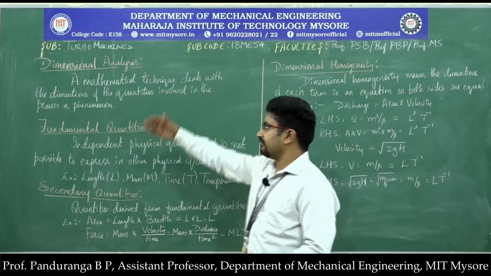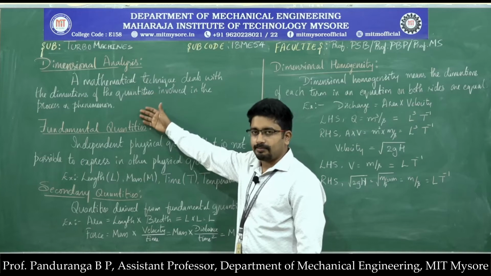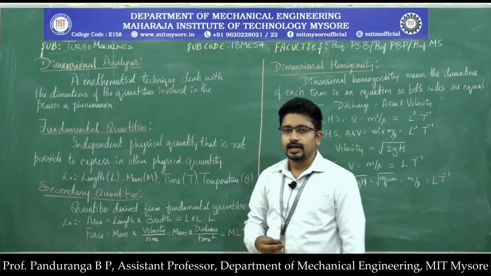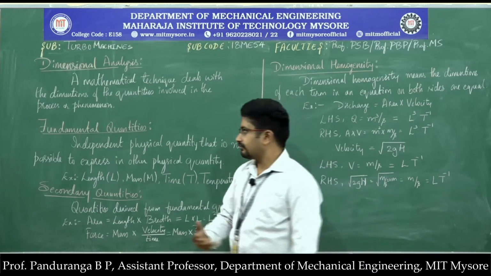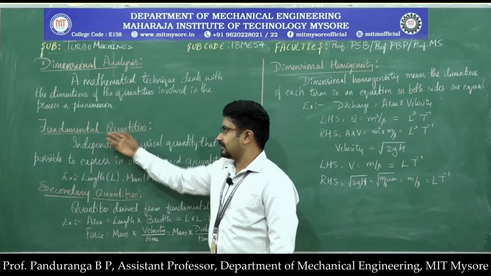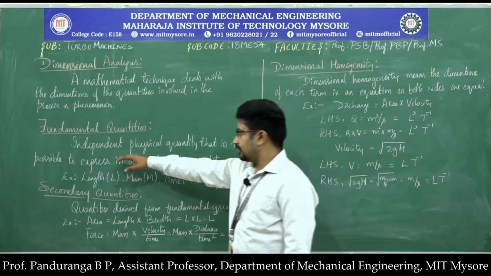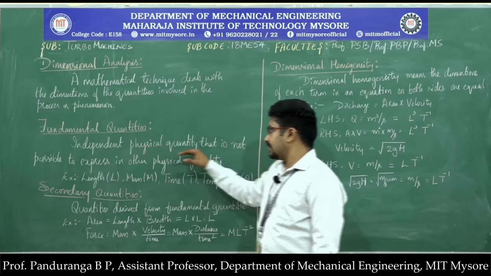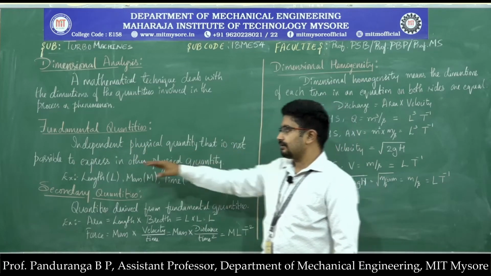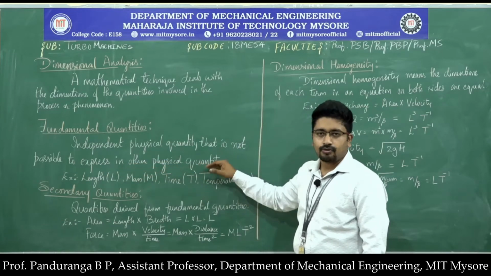So before going to dimensional analysis and how to apply that to a physical process, first we need to understand the quantities. There are two types of quantities. The first one is the fundamental quantity or the primary quantity. These are defined as independent physical quantities that are not possible to express in another physical quantity.